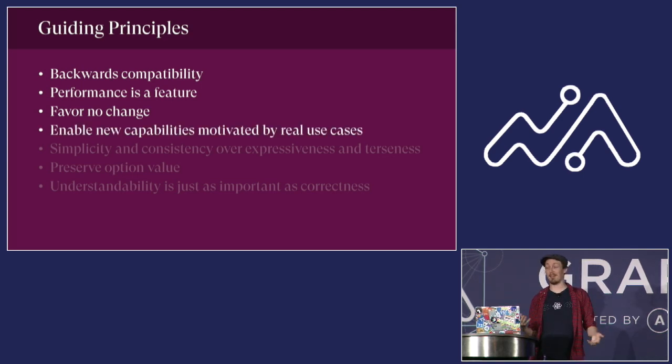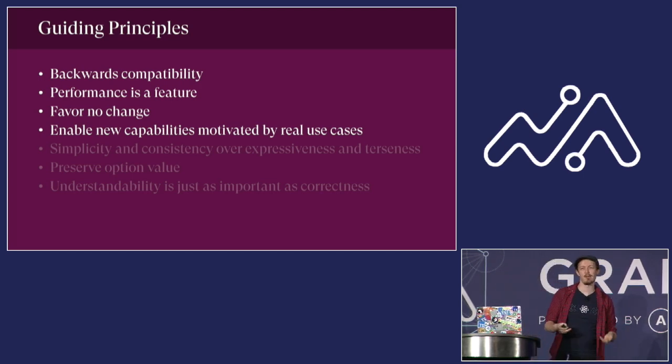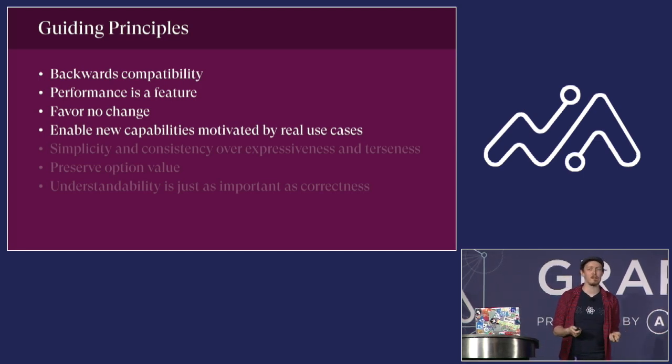Enable new capabilities motivated by use cases: you have to not just say this conceptually is a good idea. You need to create RFCs with real use cases in mind and try and use those to say, I do this and I can use this feature, and if I do that, then this can happen. And putting these in terms of real world use cases makes things a lot easier for everybody to reason about.